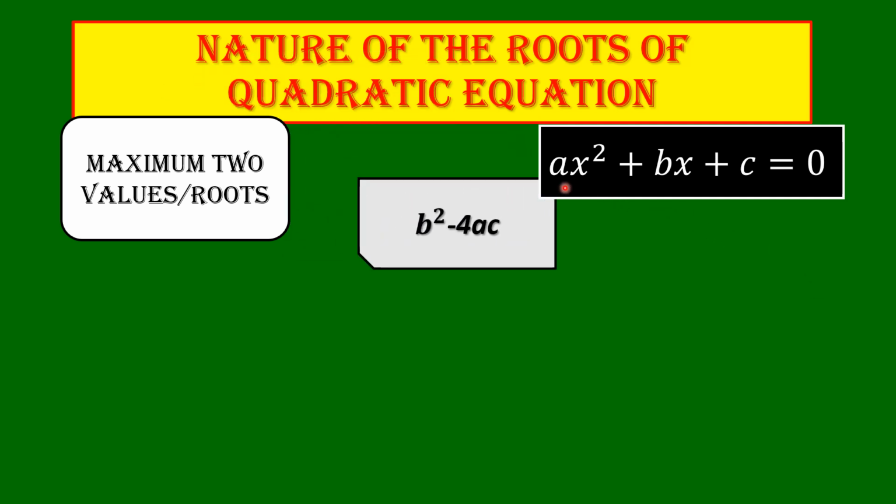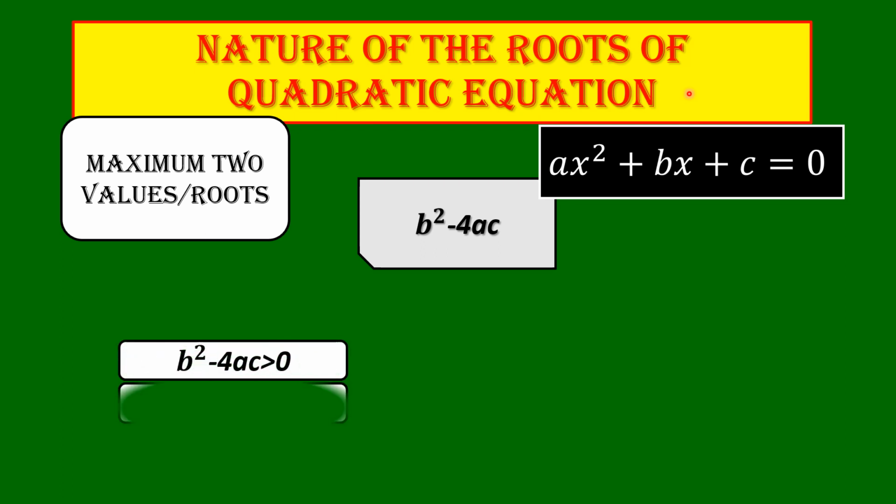Now see, as a, b, c are real numbers, we are here with an expression involving numbers with certain operations: plus, minus, multiplication, squaring. So whenever we perform calculations on numbers, we are left with three possibilities.